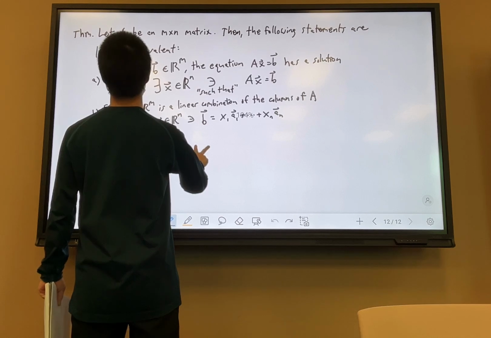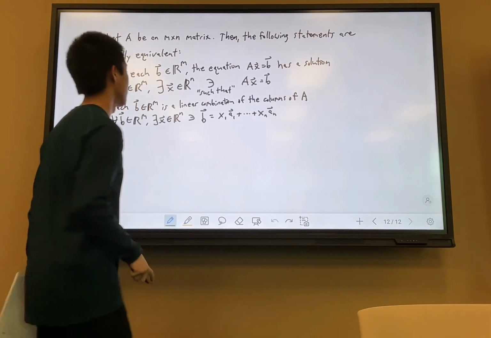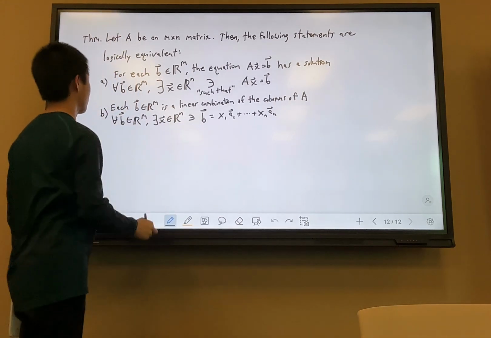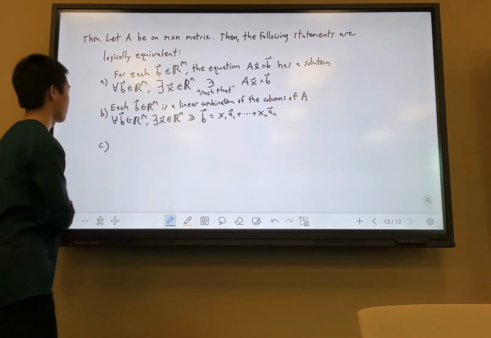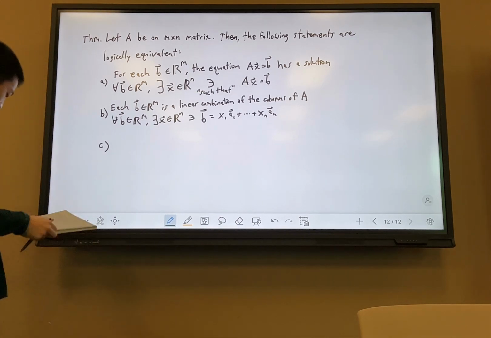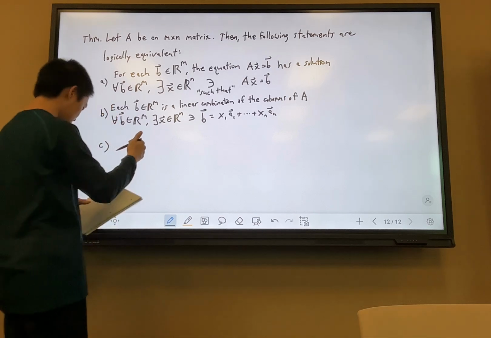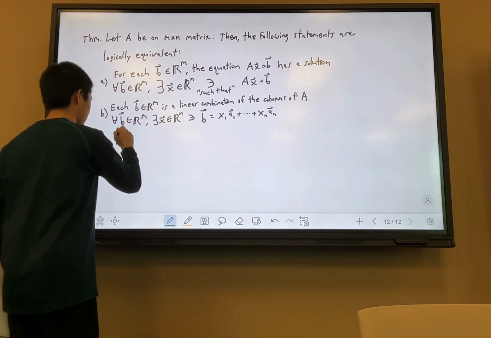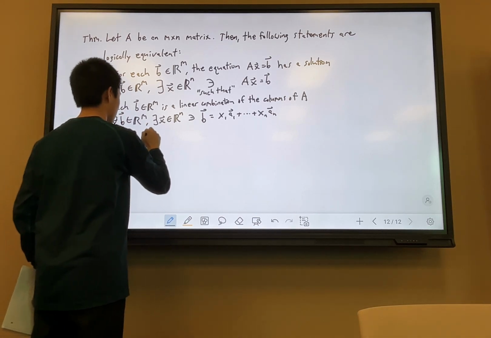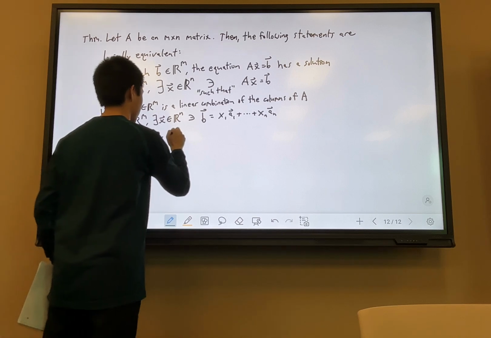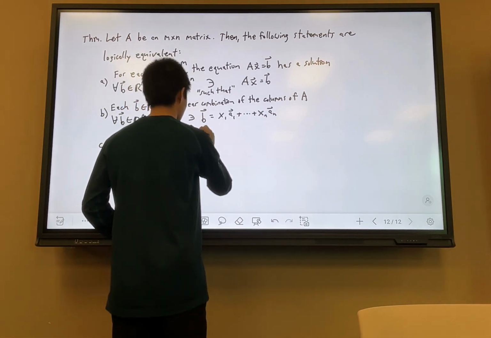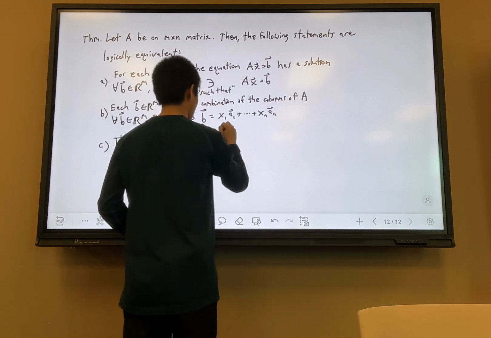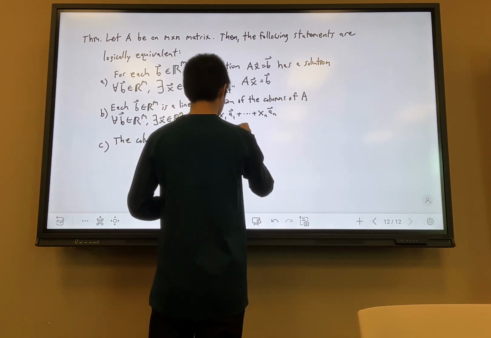Okay, and then I can do it with the vector equation perspective. Another statement: if that's the case, then that means the columns of my matrix A span Rm.